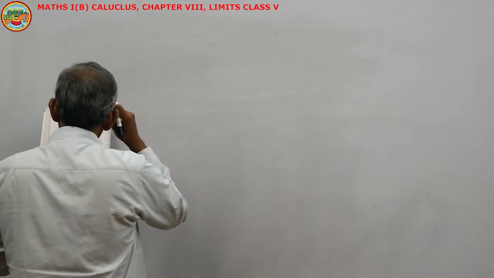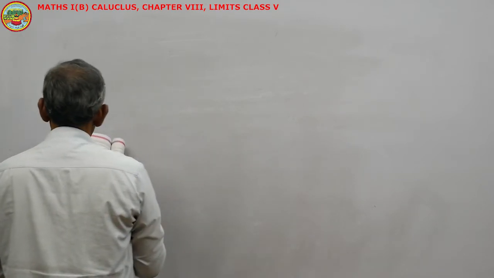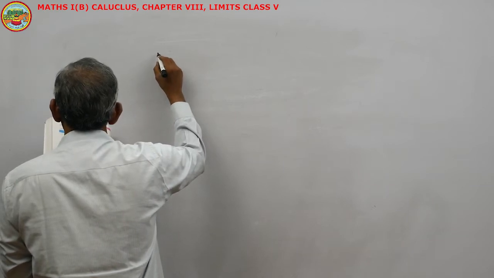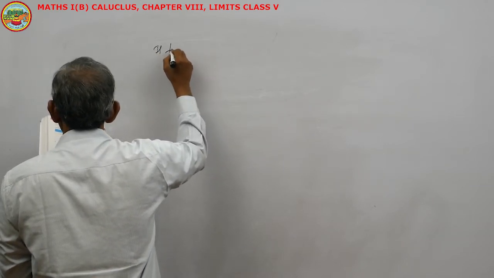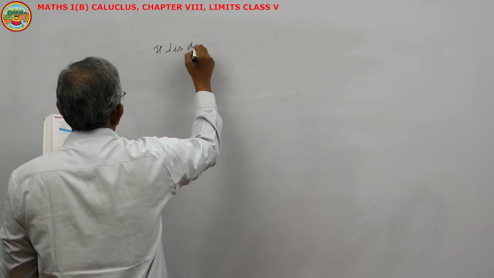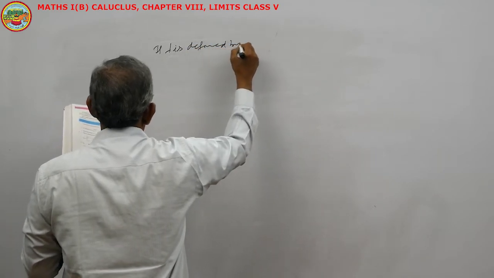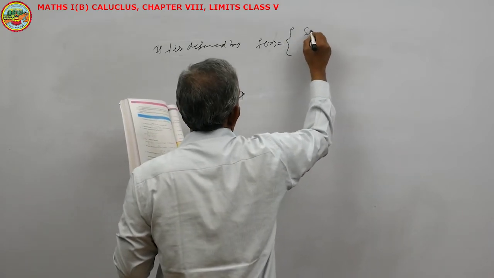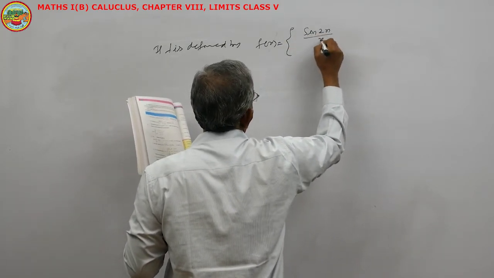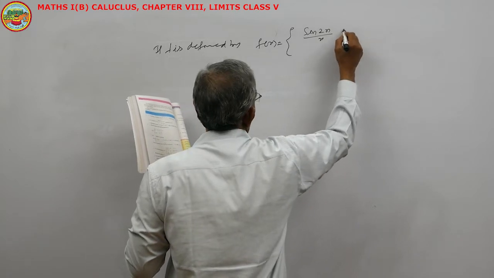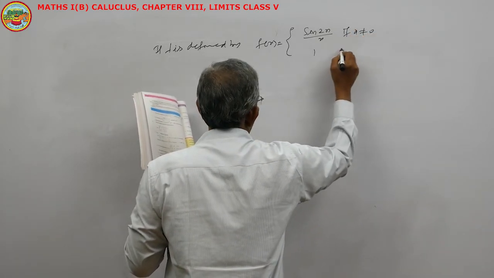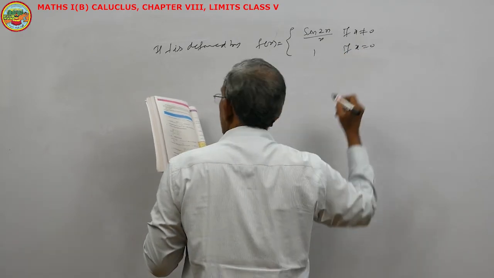Check the continuity of the function. f is defined by f of x is equal to sin 2x by x if x is not equal to 0, and this is equal to 1 if x equal to 0.